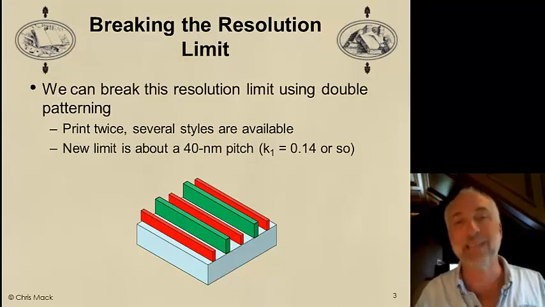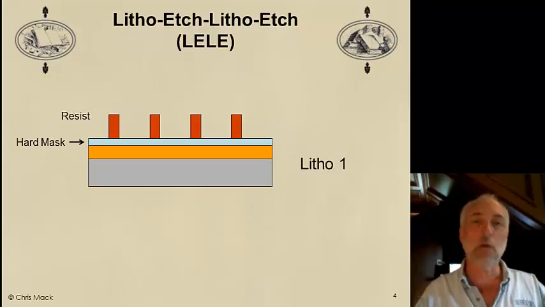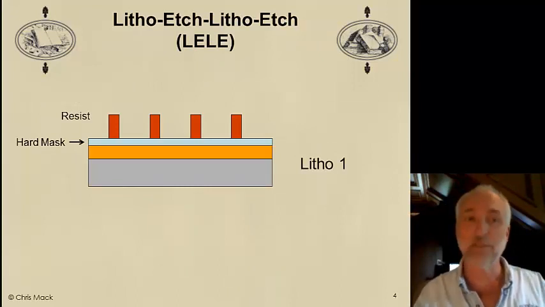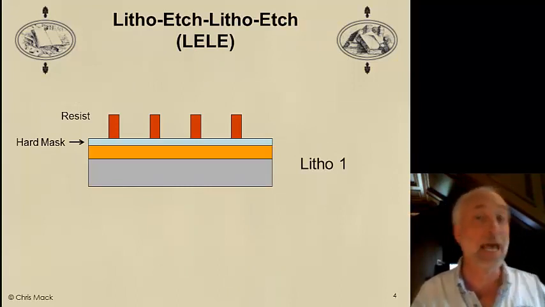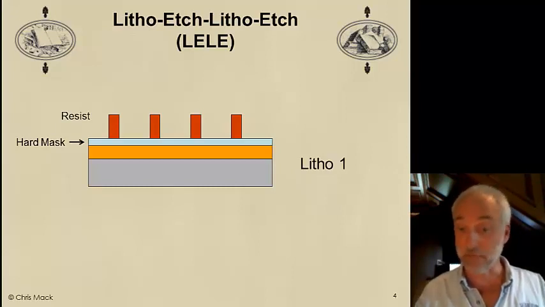Let's look at more detail on how we might do this kind of double patterning. And I'll talk about one particular style called Litho-Etch-Litho-Etch. As the name implies, we're going to do lithography and then etch and then do it again. So the first thing we do is lithography.